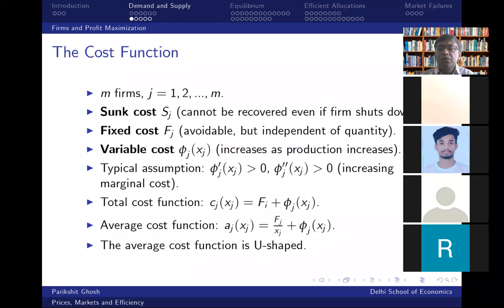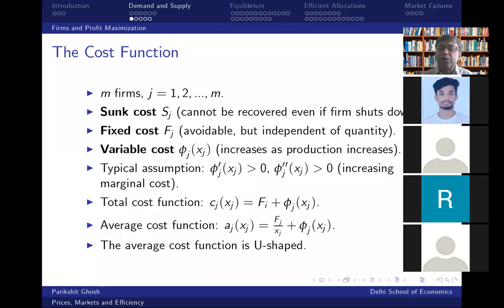Okay, so let's talk of an example. Suppose there's a dentist, right? And the dentist is in the business of offering dental services. So the dentist has hired some premises where he has opened his chamber, right? Now, one kind of cost for the dentist is the cost of medical school. The dentist studied for 4 or 5 years, got a medical degree, and that was costly. But suppose the dentist is thinking of giving up dentistry.